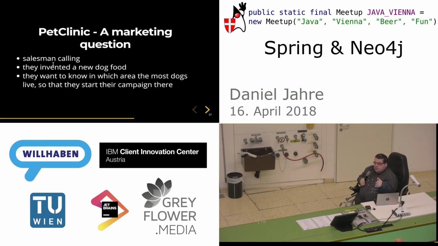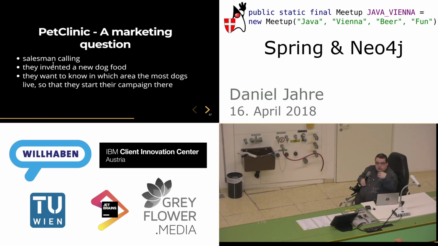One motivation to work with graph databases is to get new insights into your data. The relational model of the pet clinic works well with that application. It's not a big deal. I'm now using another database, but think of it.